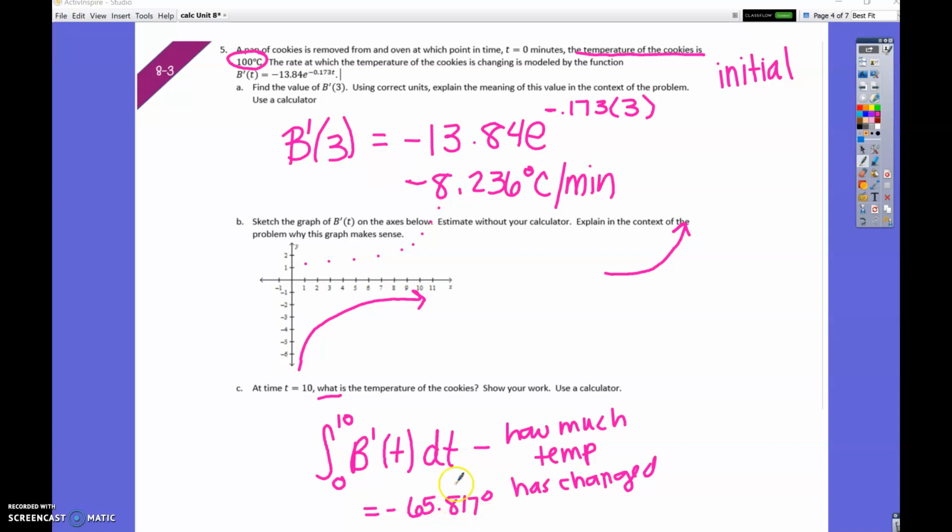So we have to remember the initial amount. We could add this on the initial amount. Sorry, the temperature of the cookie is 100. So if we combine these, we will get our total to be 34.183 degrees Celsius. And that will be our final temperature.